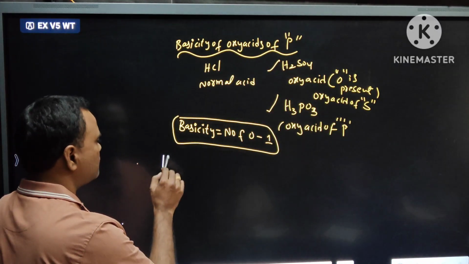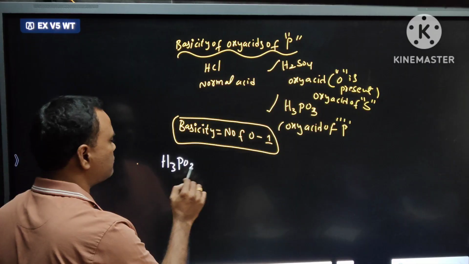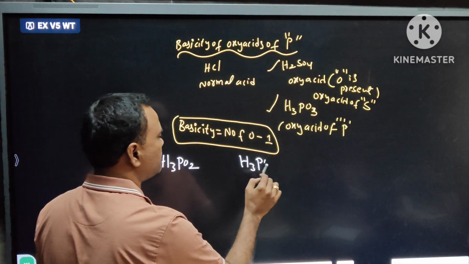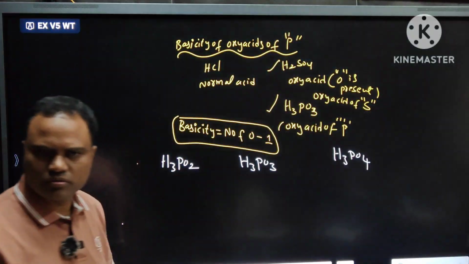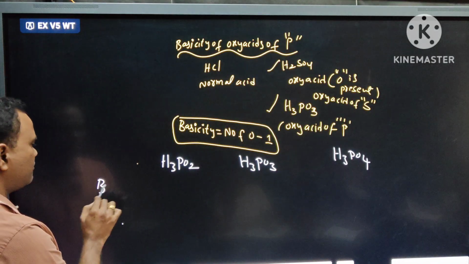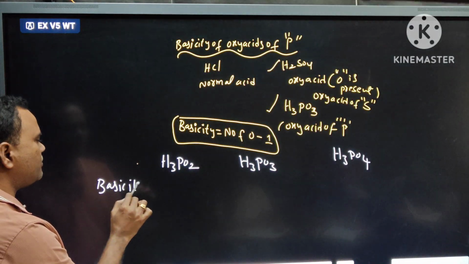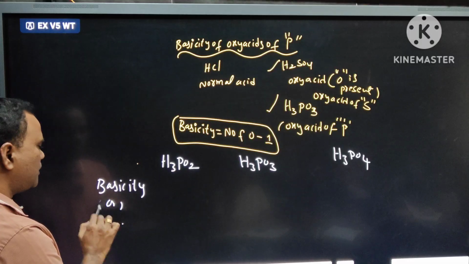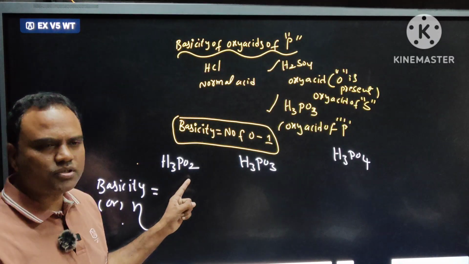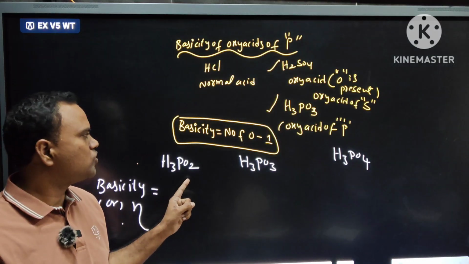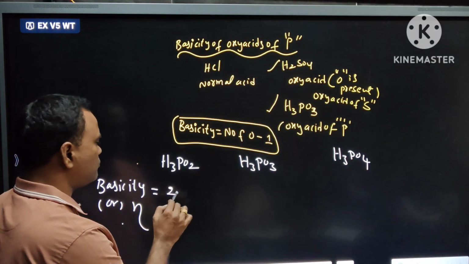Let us see this example. H3PO2, H3PO3, H3PO4. Basicity. What is another name for basicity? N factor. Basicity or N factor is equal to, tell me, how many oxygens are present in this? 2 oxygens. 2 minus 1.